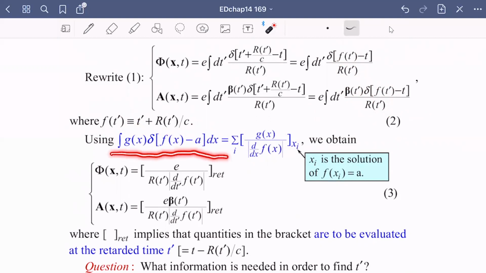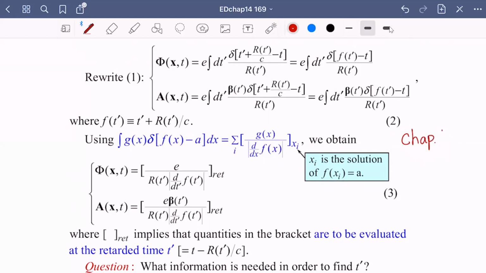So we will use the delta function identity, this formula, which we have learned in chapter 1. If you don't remember, that's okay, just open your lecture notes to chapter 1.